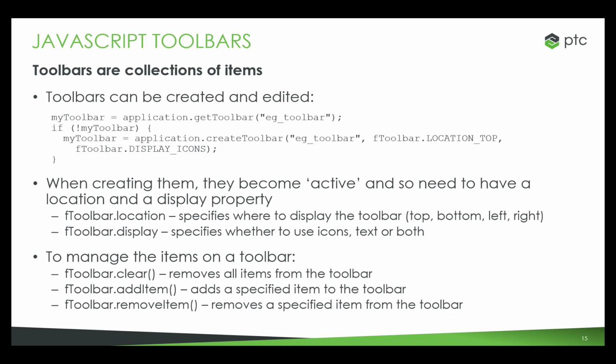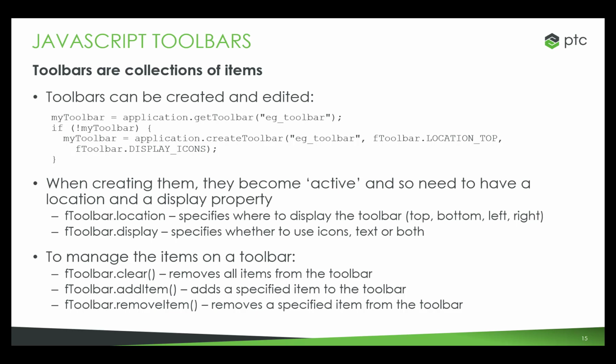The toolbar object that you get then has a number of methods on it to manage the items which are actually on the toolbar. So there's the clear method, and that removes all items from the toolbar. So if you're going to get one and create it from scratch, then you need to clear everything from it.